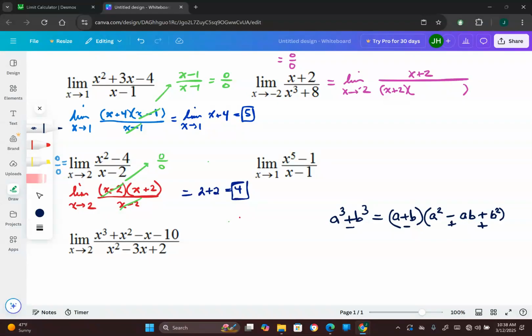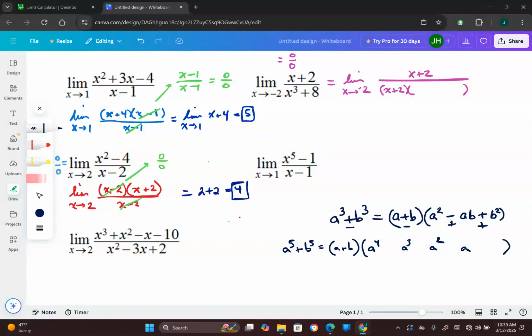And this pattern actually does work for higher powers as well. If you were doing a to the fifth plus b to the fifth, this would factor into a plus b first. Now watch the a's. A to the fourth, a to the third, a to the second, a to the first.